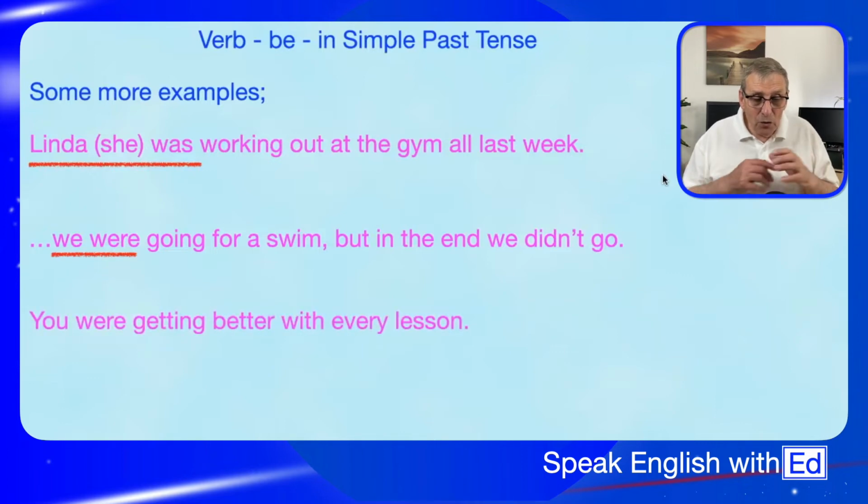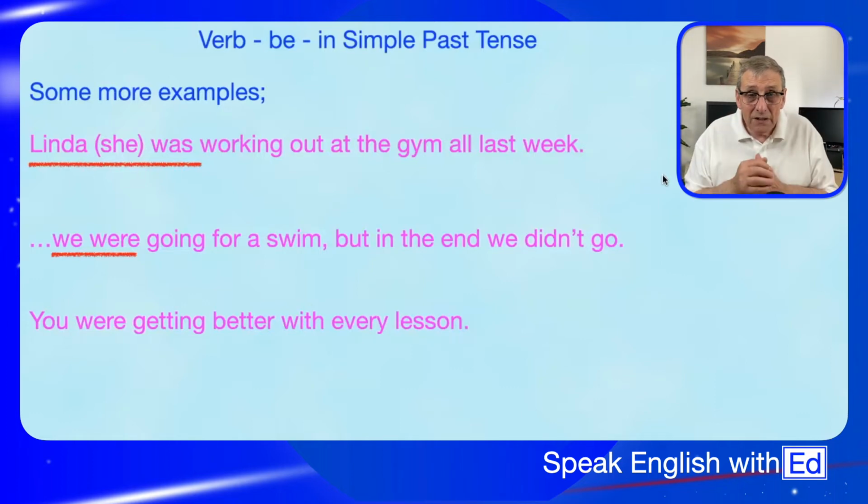And you were getting better with every lesson. Now you here, it can be singular or it can be plural. I could be talking to you personally, and say, you were getting better last week. You were getting better with every lesson that you took.